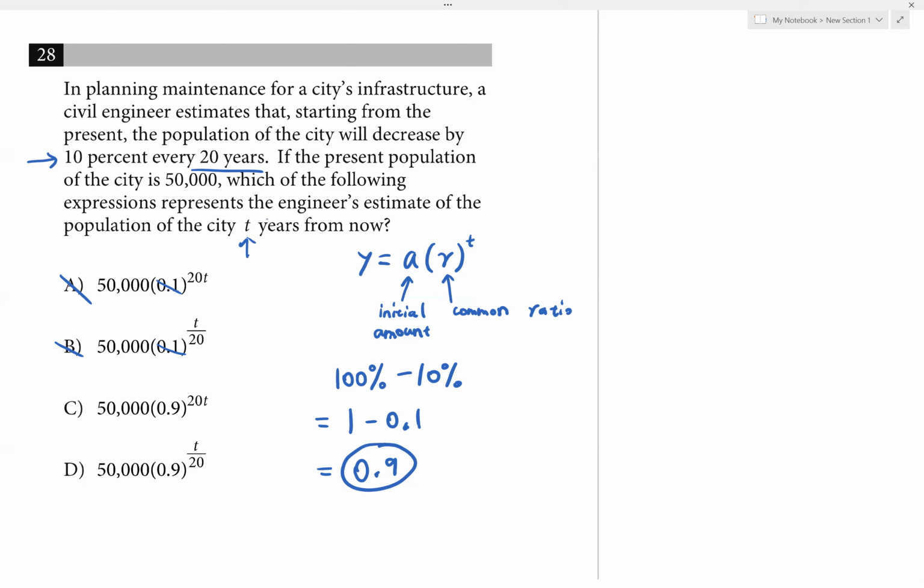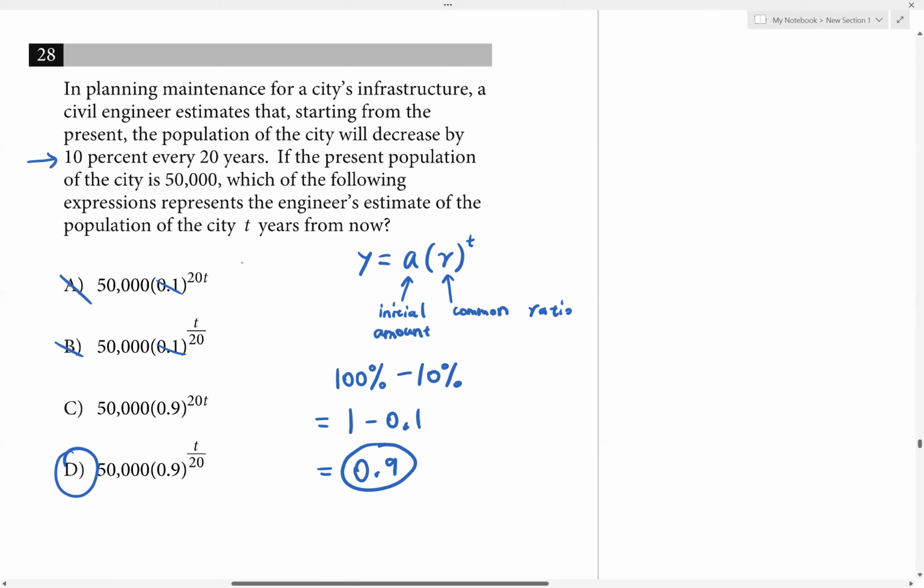Because if we say t equals 40, then we have to decrease it 2 times, because every 20 years we decrease by 10%. If we have 40 years, we do it 2 times. So we have to divide it by 20. So it should be D.